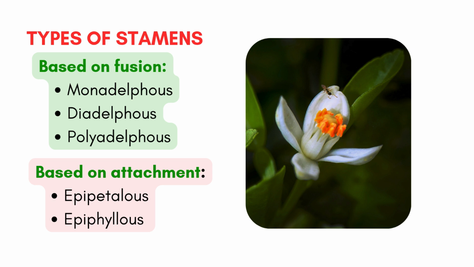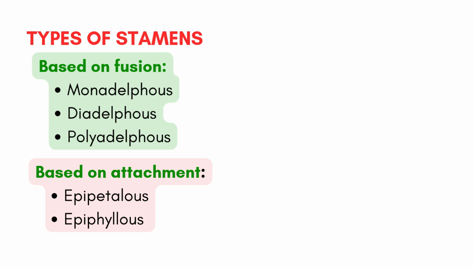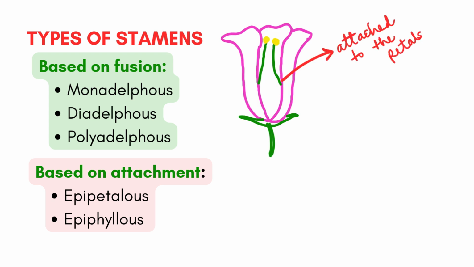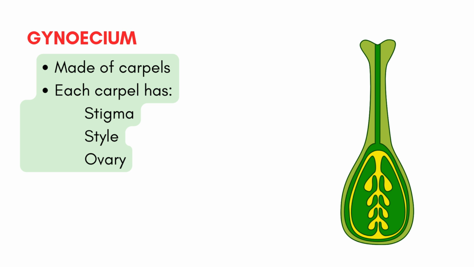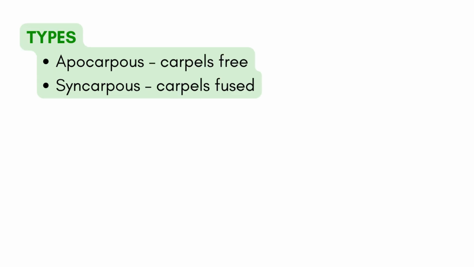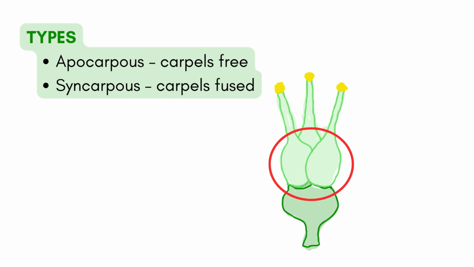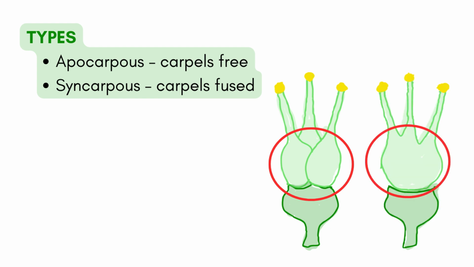Based on attachment, they can be epipetalous, meaning stamens are attached to the petals, or epiphyllous when attached to the perianth. The gynoecium is made up of carpels. Each carpel consists of a stigma, style and ovary. When carpels are free, the gynoecium is apocarpous, and when they are fused, it is called syncarpous.